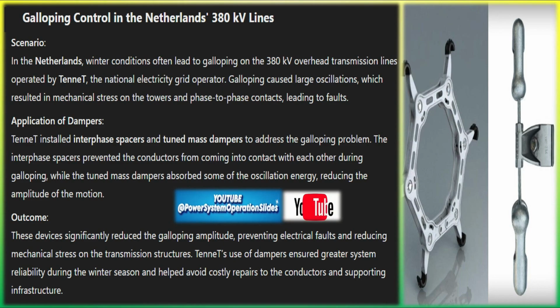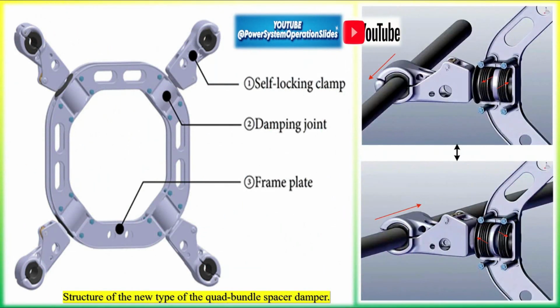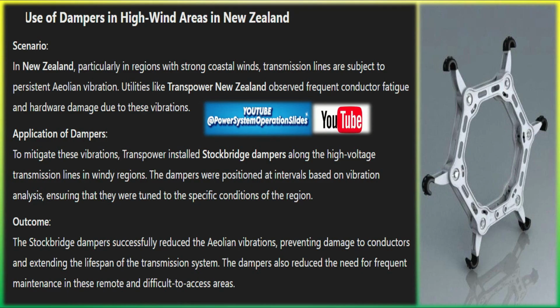Pendulum dampers are used to control large, low-frequency vibrations like galloping. These consist of a pendulum or mass hanging from the conductor. Working principle: the pendulum swings out of phase with the conductor's galloping motion, reducing the amplitude of the oscillations. Application: installed on conductors prone to galloping due to ice buildup. Interphase spacers.